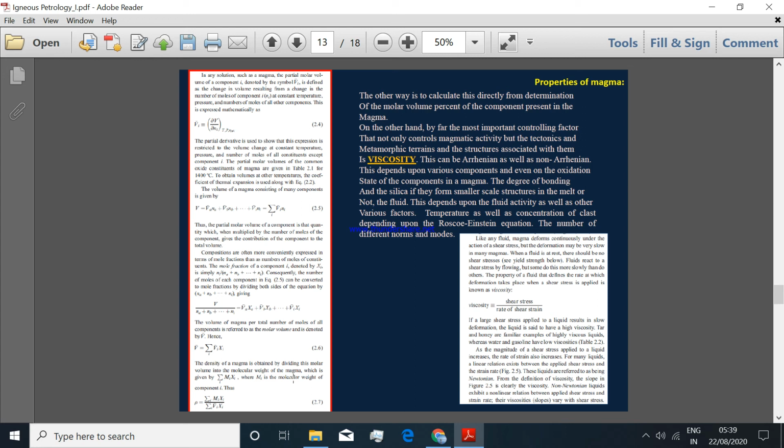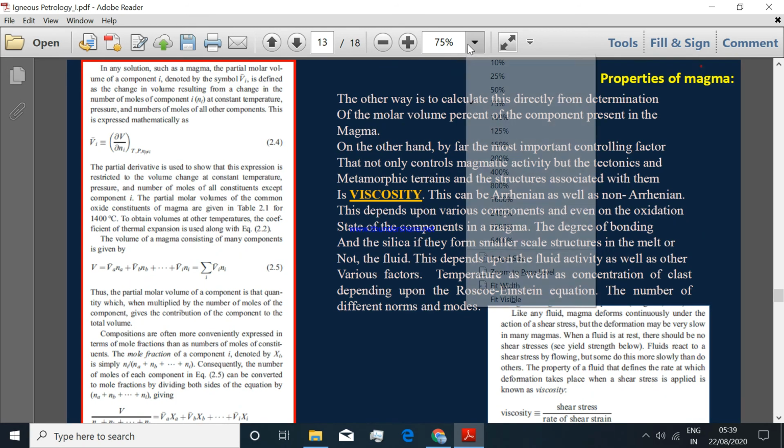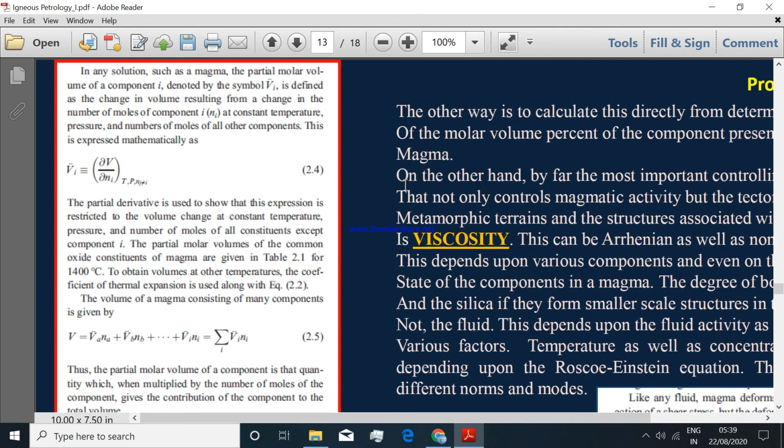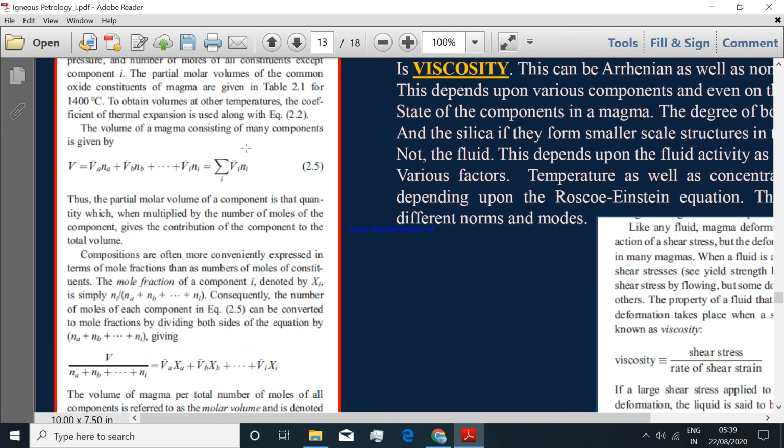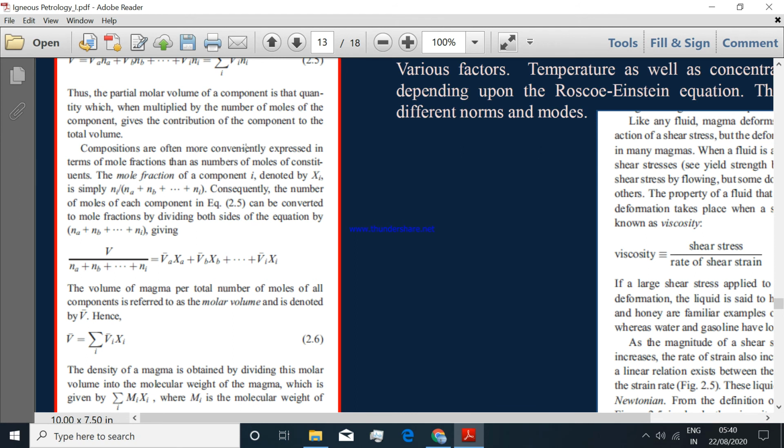There are other ways to know the density of magma, and here is how it is done. It is defined by the change in the volume resulting from a change in the number of moles of the component. If we analyze each mole of the component present in the magma depending upon the volume, and we know the molar volume of the magma, we can easily know the density of the magma by averaging the mole fraction of each component.